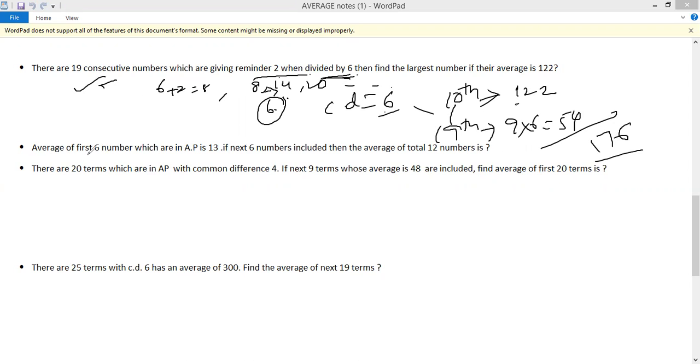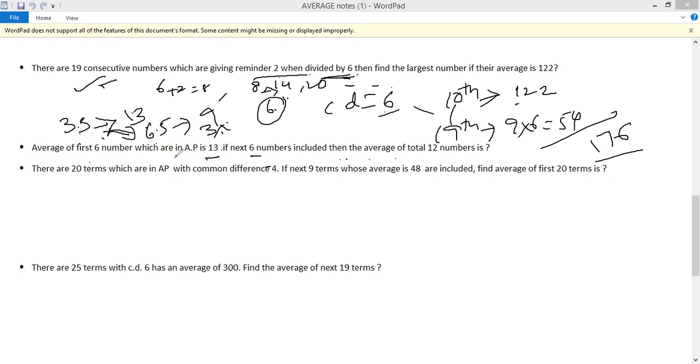Okay, that was completed. Next, the average of 6 numbers which are in AP is 13. With 6 numbers, the average term is (6 plus 1) by 2, 7 by 2, that is 3.5, and its value is 13. If the next 6 numbers are also included, then there are 12 numbers, and the average term is (12 plus 1) by 2, that is 6.5. From 3.5 to 6.5, how much gap? 3.